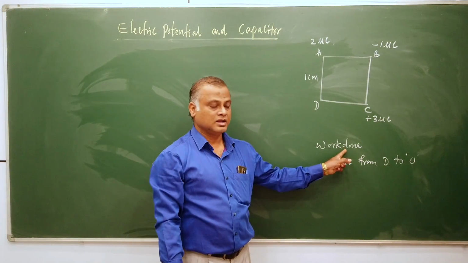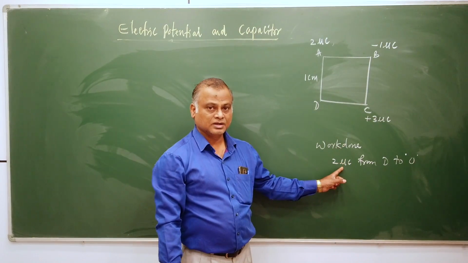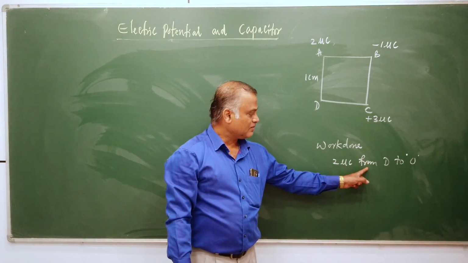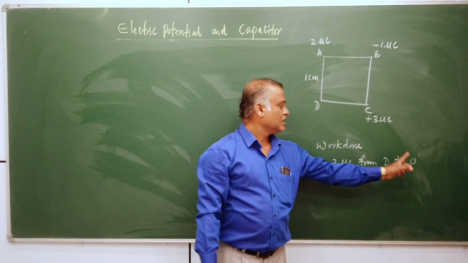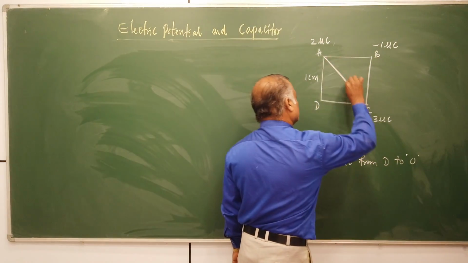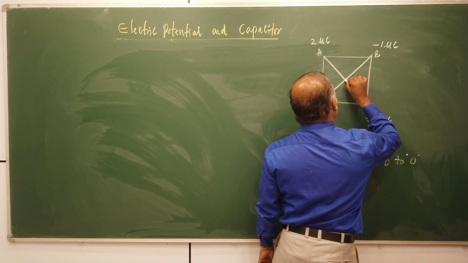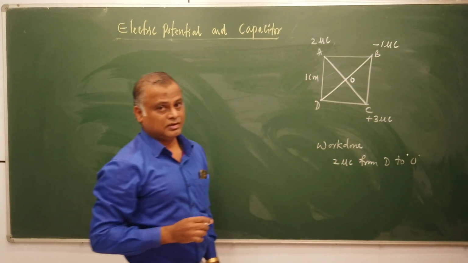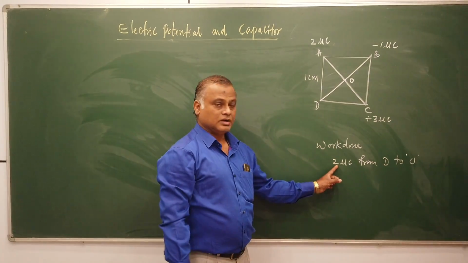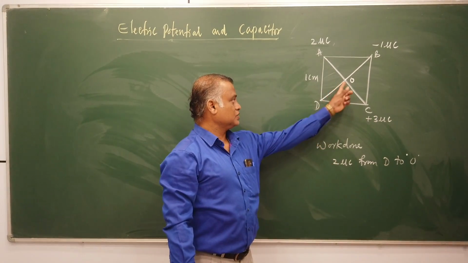Work done in transferring a charge of 2 microcoulomb from corner D to the point of intersection. This is the point of intersection. Means you have to calculate work to transfer this much of charge from D to O.